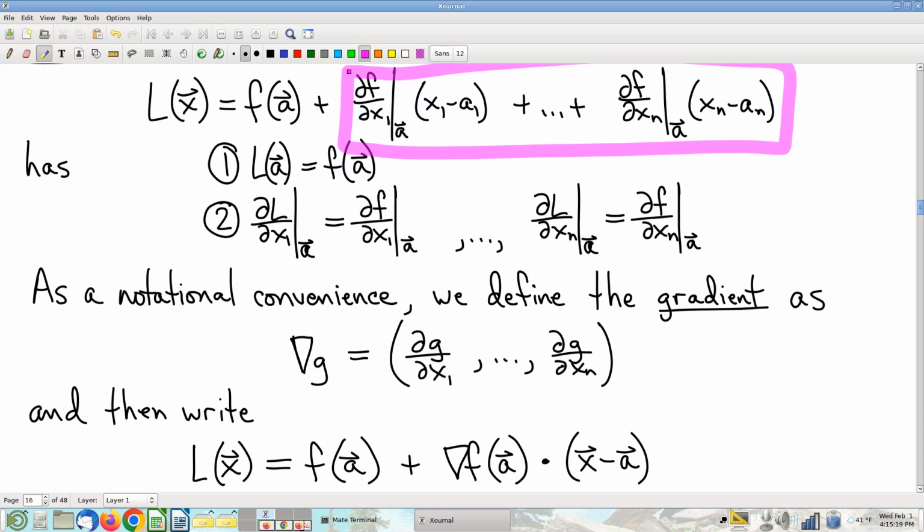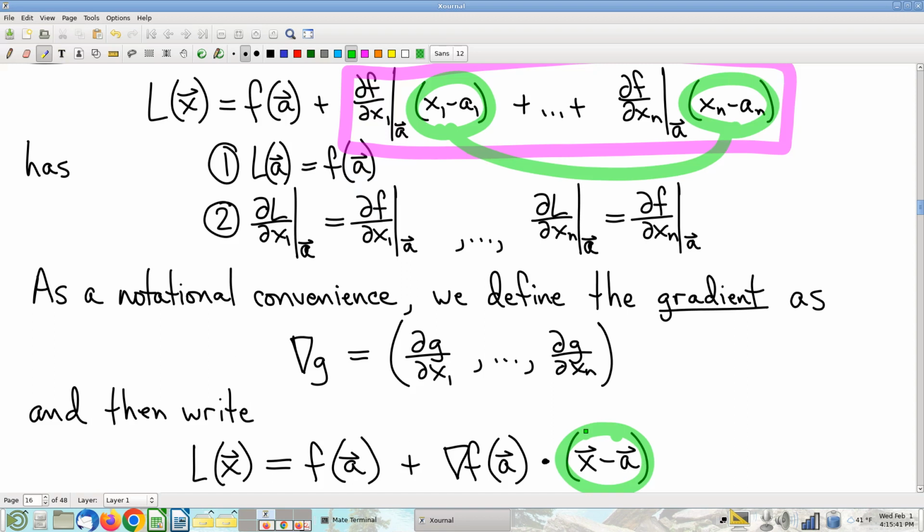And that is, this looks like the structure of a dot product. I have a bunch of terms. Each term has two factors, just like a dot product. Furthermore, not only does this structurally look like a dot product, but one of the pieces of that dot product is just x minus a.